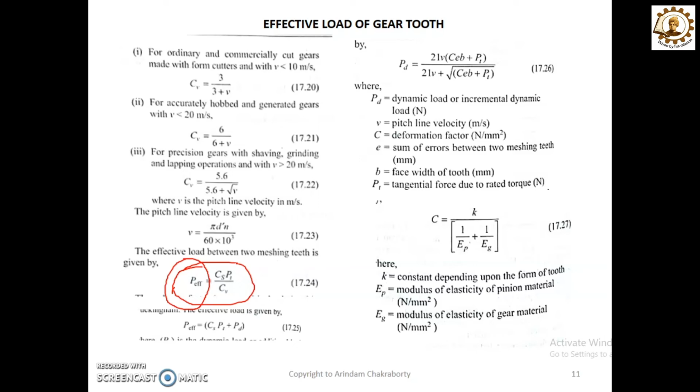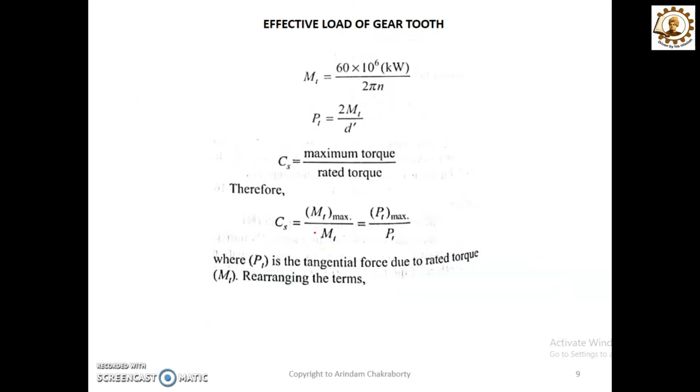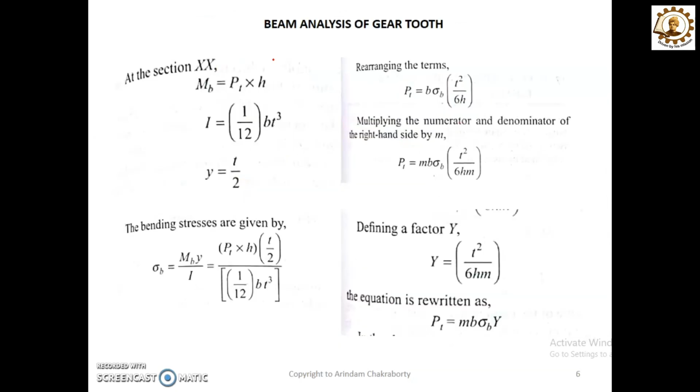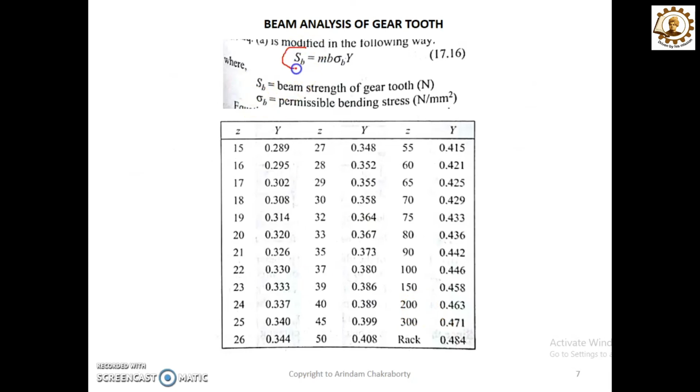Now there comes a question. As I told you in the earlier class, PT is equal to SB, because I could see there is a contradiction over here. PT is substituted as SB.